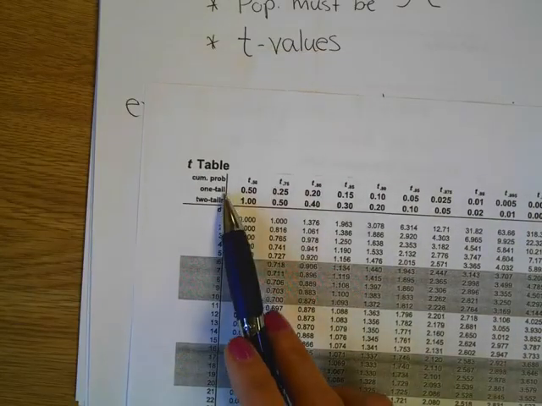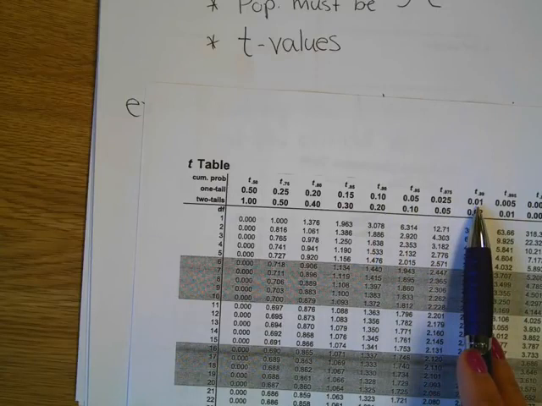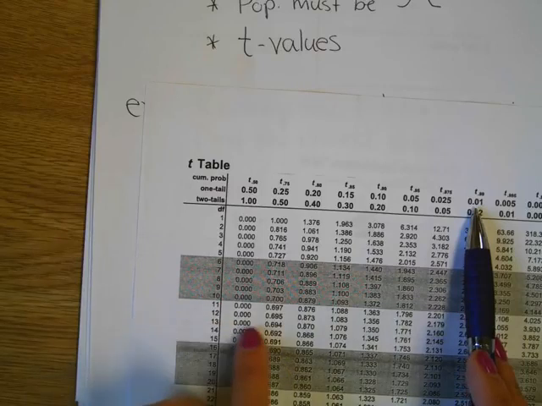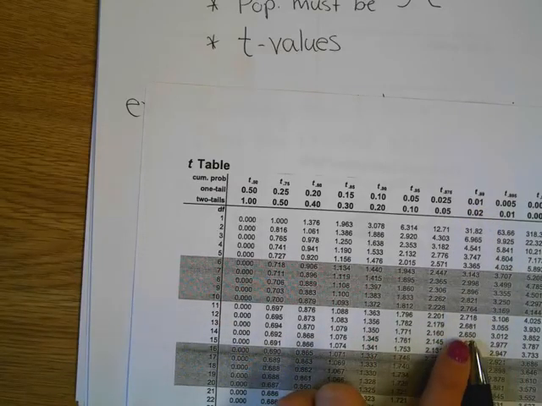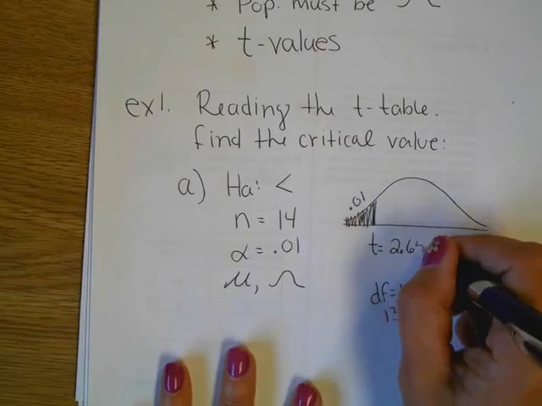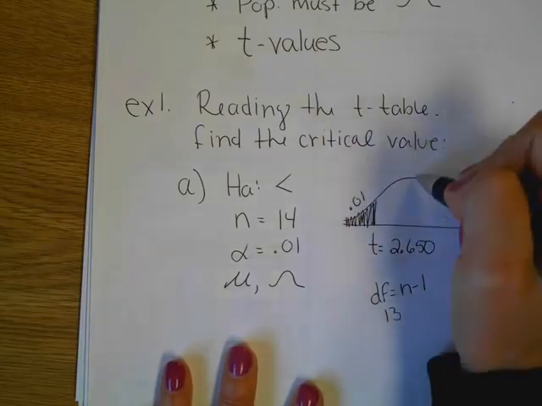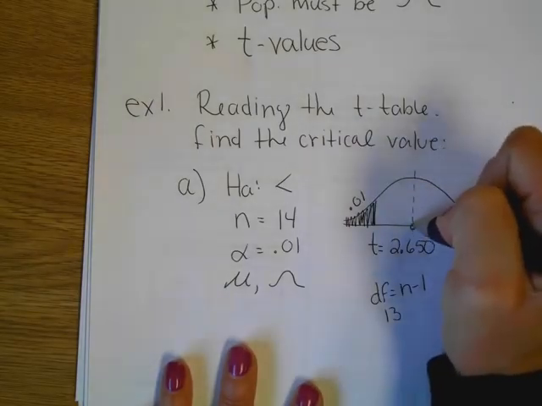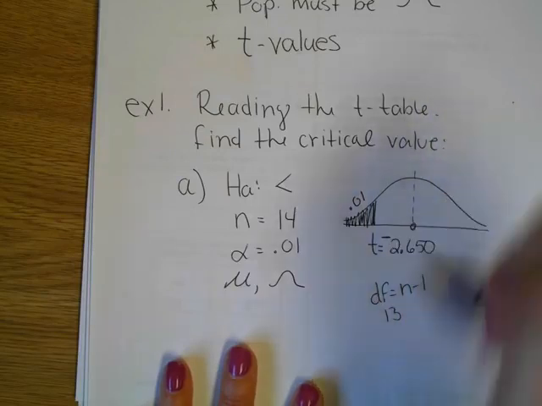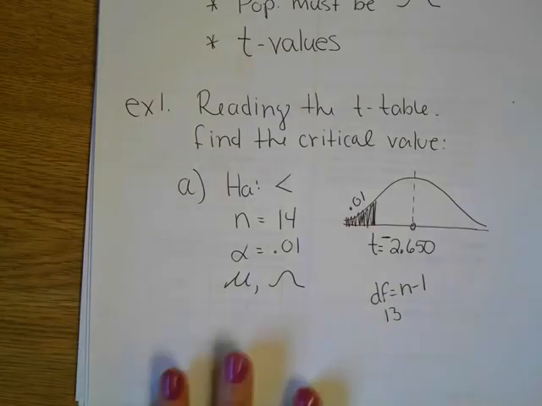So we've got one tail with 0.01 is here. And we're going down to 13. 2.650. Take a look at your graph. Does it make sense that this is 2.650? Negative. You've got to supply the negative, because remember, 0 is still in the middle. It's still a normal curve. So this is negative 2.650. Does that make sense? Okay.